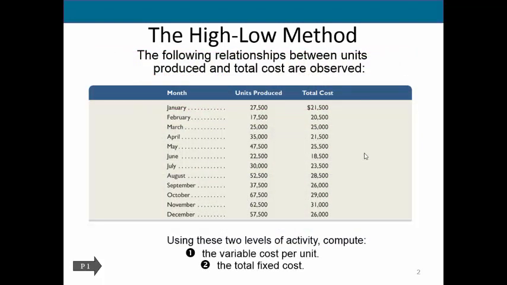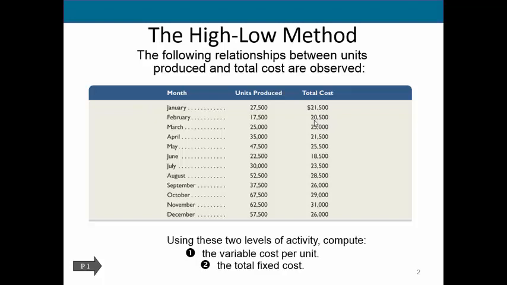We now have an estimate of what our variable costs are per unit. How do we then calculate our total fixed costs? If you'll remember, total costs are fixed costs plus variable costs. So anytime we have two parts of an equation, we can solve for the third algebraically. So let's talk about what we have now.